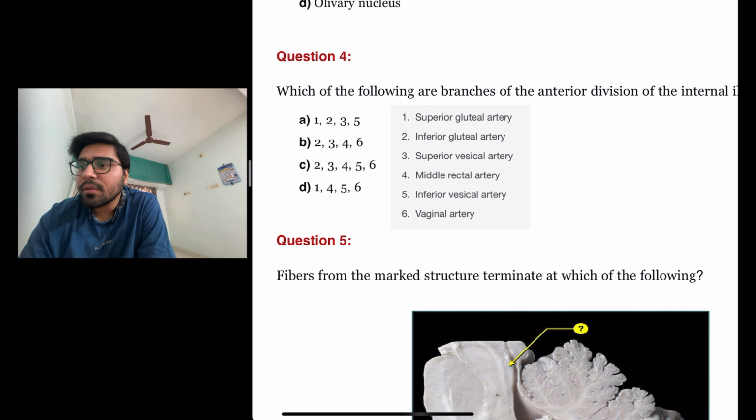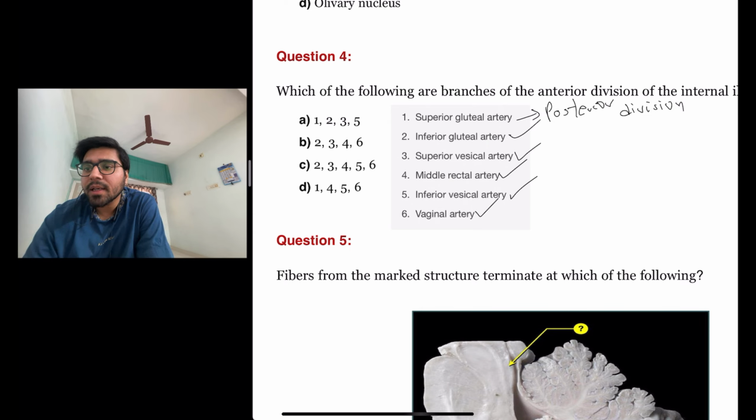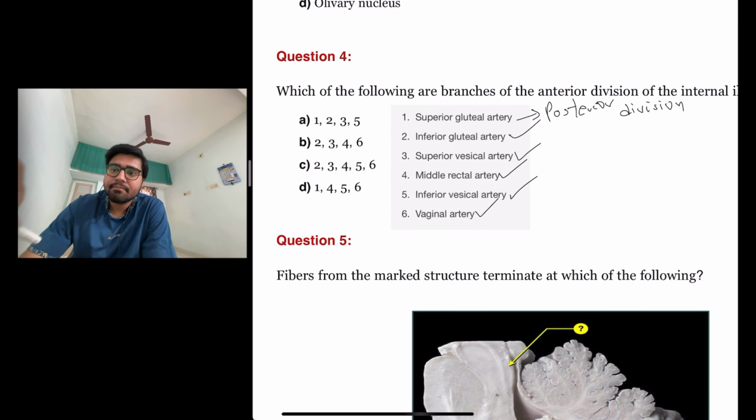So superior gluteal artery is a branch of the posterior division. Inferior gluteal artery, superior vesical artery, middle rectal artery, inferior vesical artery, and vaginal artery all are branches of the anterior division of the internal iliac artery. So the answer is C.